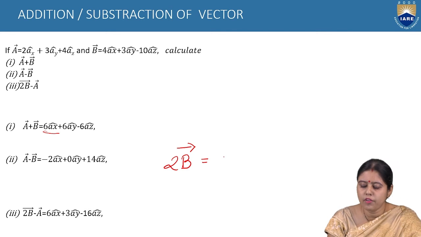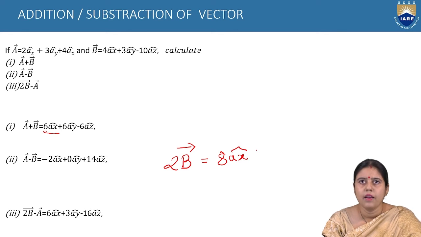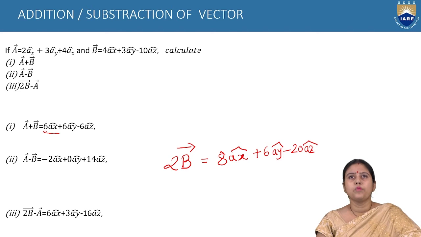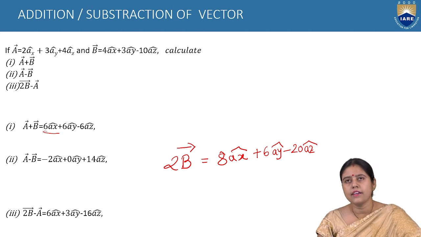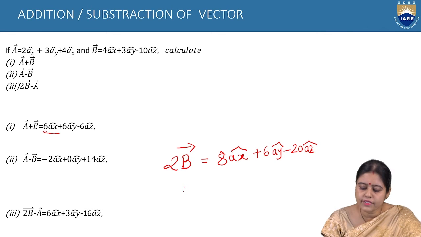So 2B means 8ax plus 6ay minus 20az. What is A?